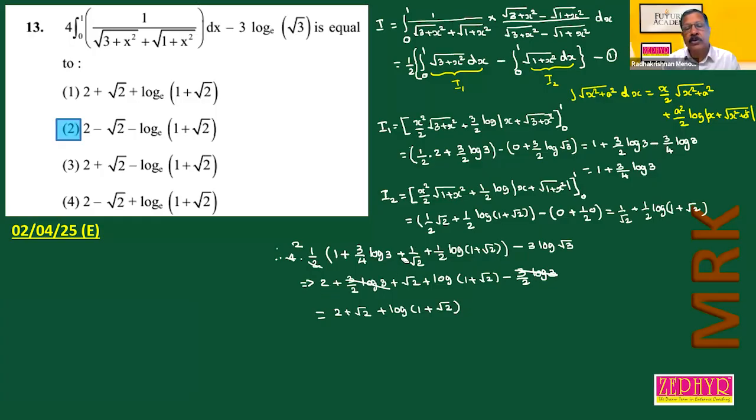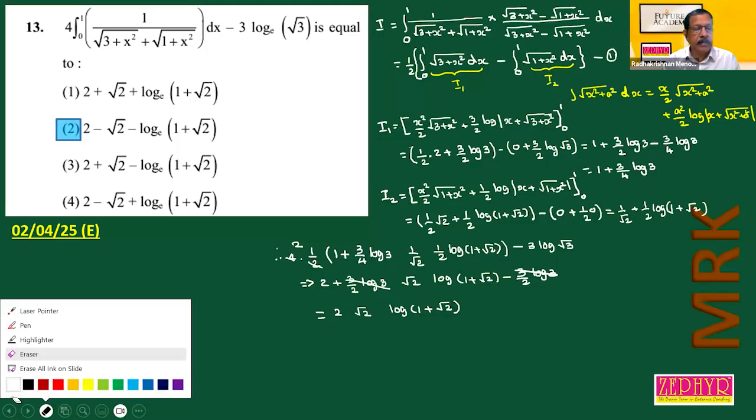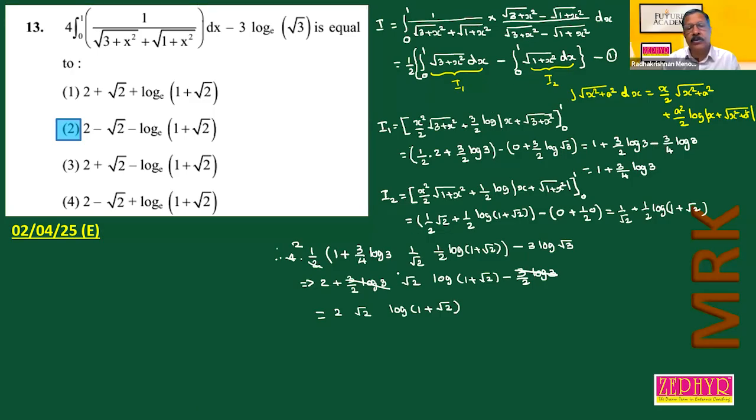I1 minus I2. So here it will be minus, here also it will be minus, because it is I1 minus I2.